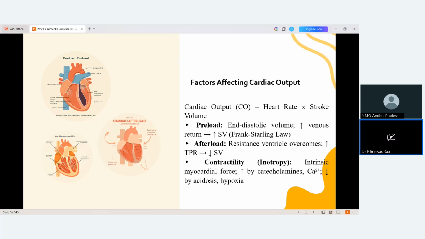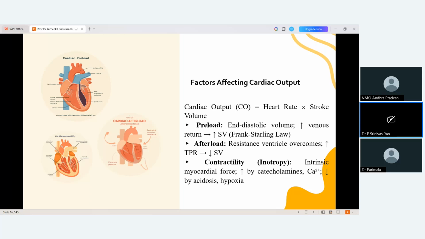The third thing which is important is contractility, inotropy. That means if the heart is strong and healthy, then it will be able to contract properly. If it is diseased, it will not be able to contract properly. That is called inotropy. I think you all know inotropy. What is inotropy? What is bathmotropy? What is chronotropy? All that you have to know.